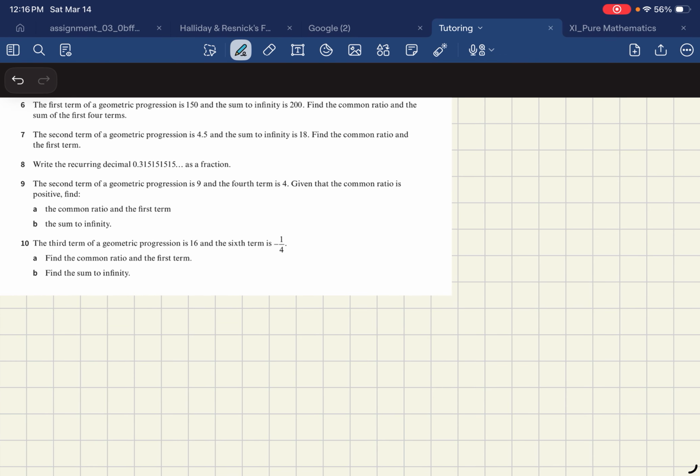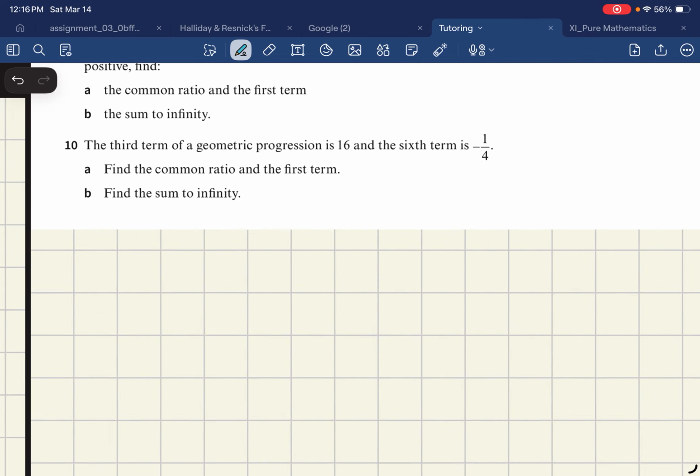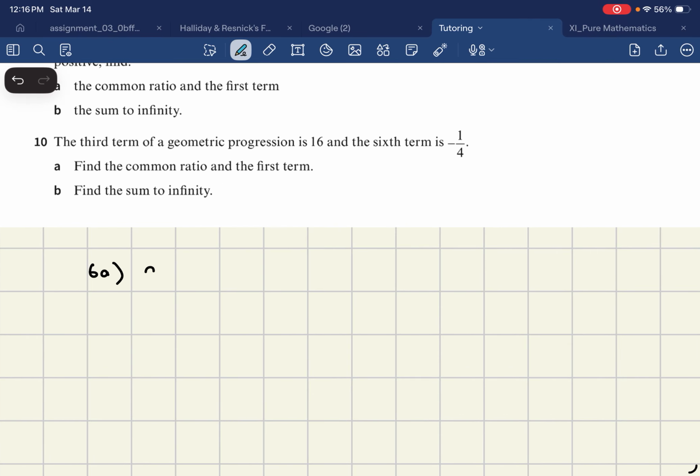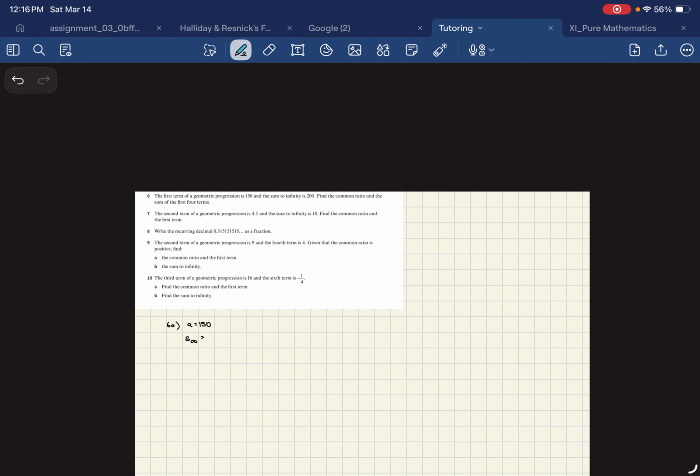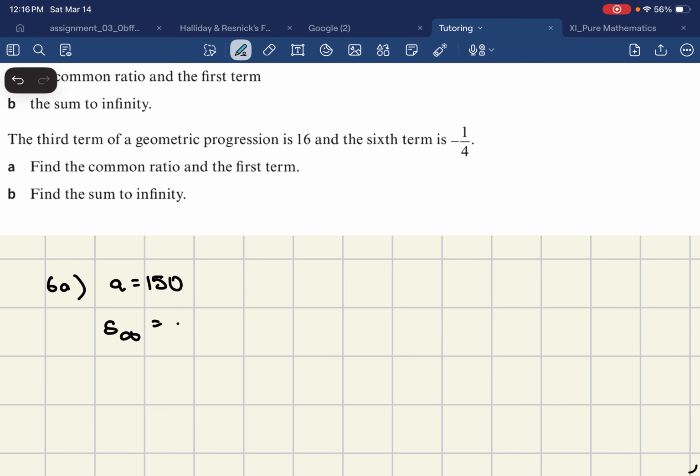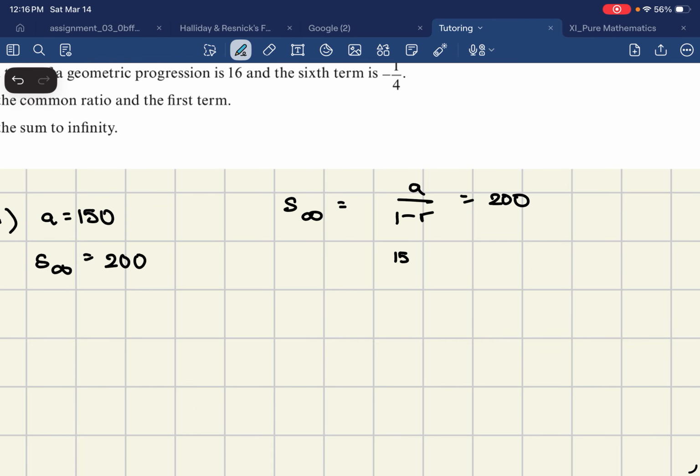So question 6, the first term of a geometric progression is 150. A is 150. The sum to infinity is given to be 200. So sum to infinity is just A divided by 1 minus R. And that is 200. And we know what A is. So 150 over 1 minus R is equal to 200.